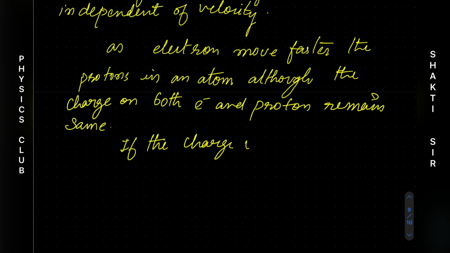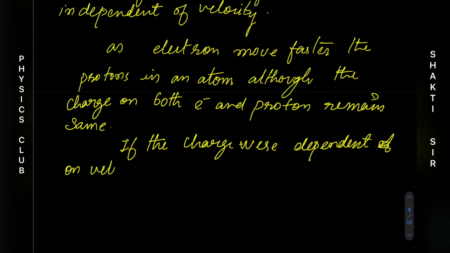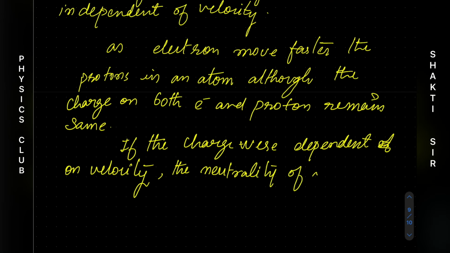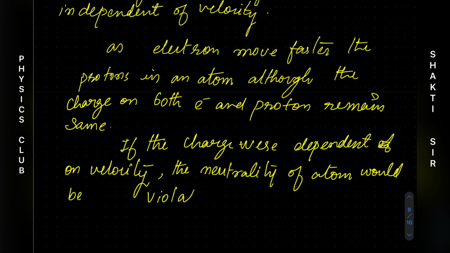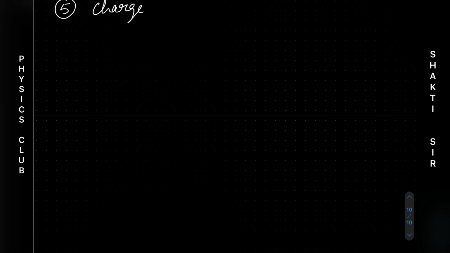Due to this equality of electric charge on both electron and proton, the atom is neutral in nature. Otherwise, the neutrality of an atom is violated, and something would happen in the universe if this were violated. But thank God it is not violated, because of invariance of charge.